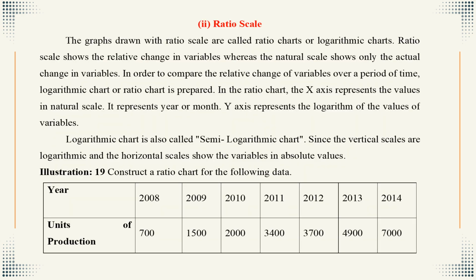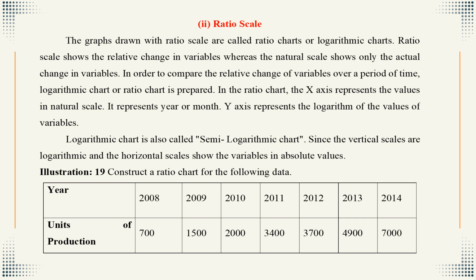Next one is ratio scale. The graphs drawn with ratio scale are called ratio charts or logarithmic charts. Ratio scale shows the relative change in variables, whereas the natural scale shows only the actual change in variables.